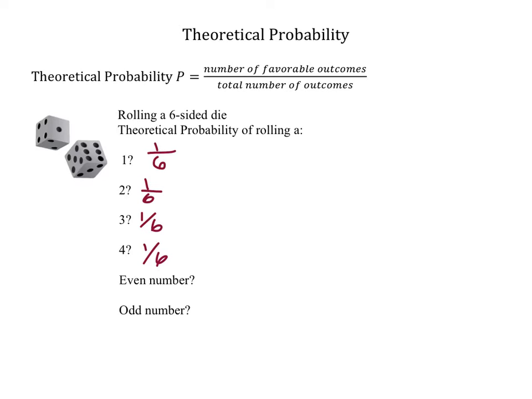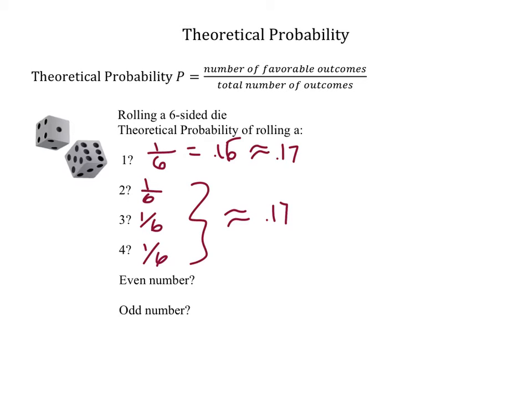Putting this into a calculator, I got 0.16 repeating, or I might just say 0.17. Since all of these single ones, 1, 2, 3, 4, and the same for 5 or 6, have the same probability, which is 0.17, I could say there's a 17% chance that I'll roll a 3.